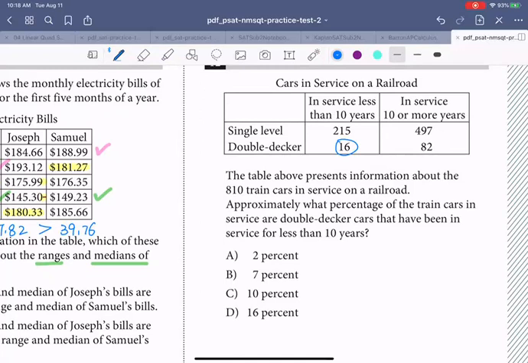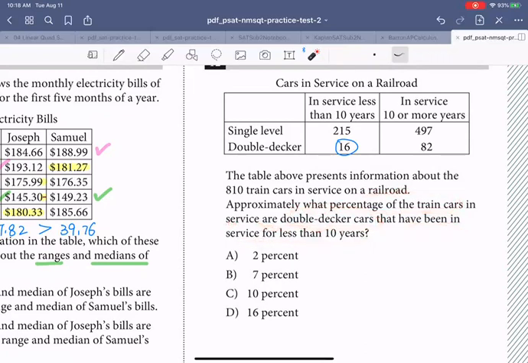Be very careful. Let's read the question over here. This table presents information about totally 801 train cars, okay? But the question is asking you, what percentage of the train cars in service are double-decker cars that have been in service for less than 10 years?